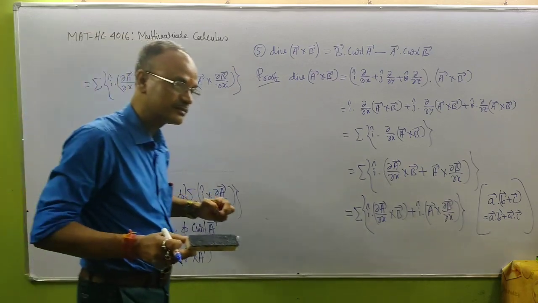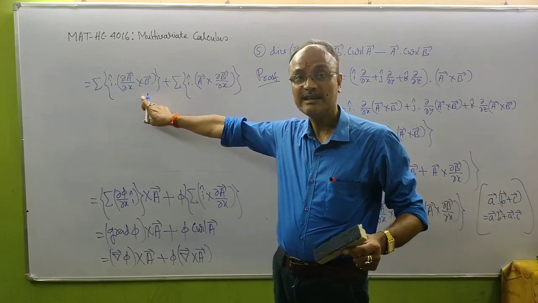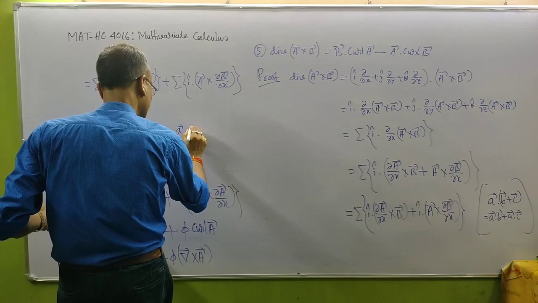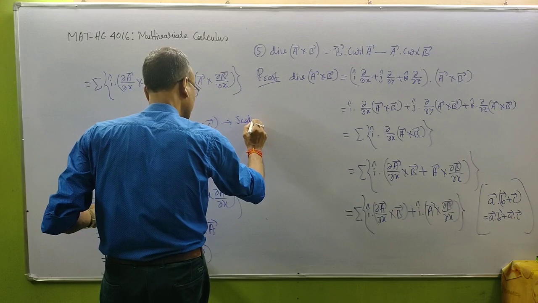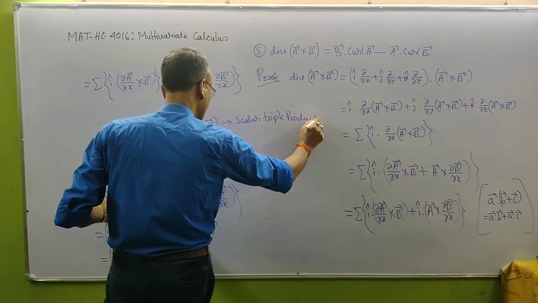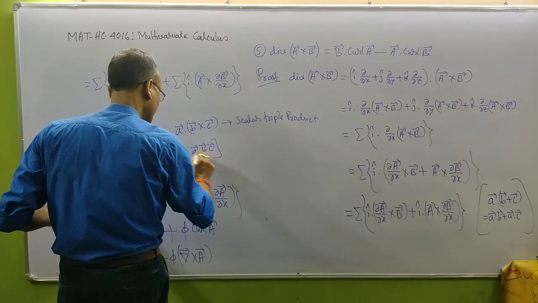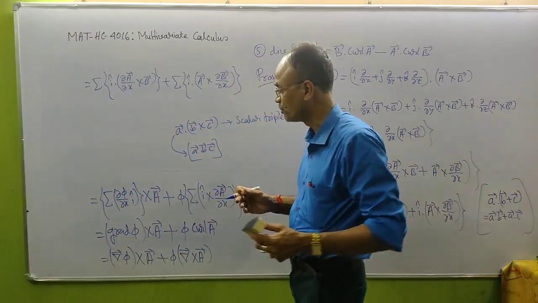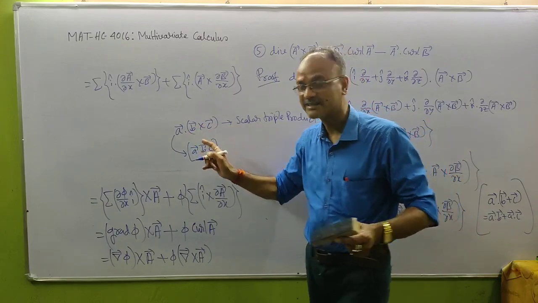Now, it is a scalar triple product, A dot B cross C. It is called scalar triple product, and it can be written as ABC. And let me remind you, in a scalar triple product, the positions of dot and cross can be interchanged.